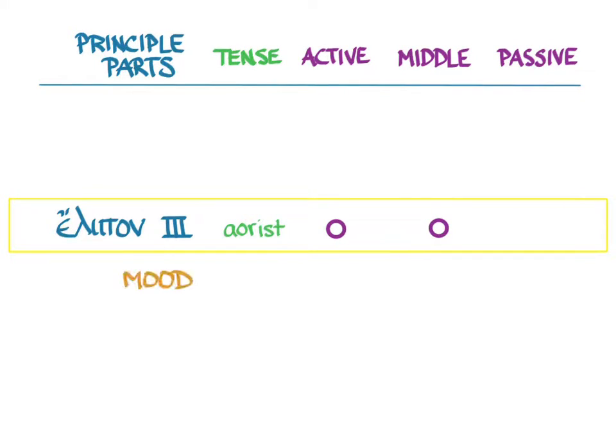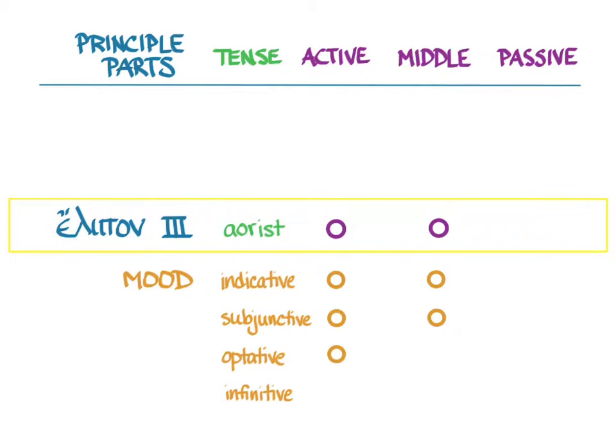It covers the indicative mood, the subjunctive mood, the optative mood, as well as infinitives, and in each of those we'll have active and middle forms: active indicative, middle indicative, active subjunctive, middle subjunctive, active optative, and middle optative, as well as the active and middle infinitives. For the passive voice, you still go to the sixth principal part.